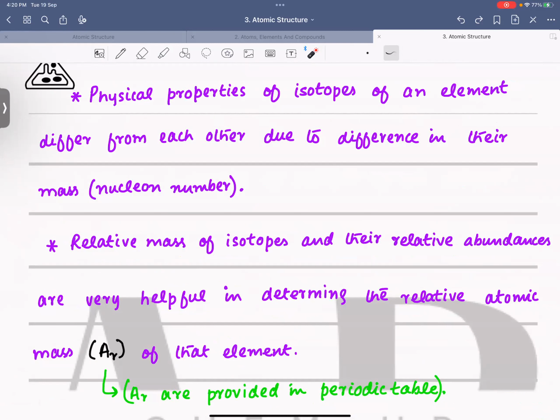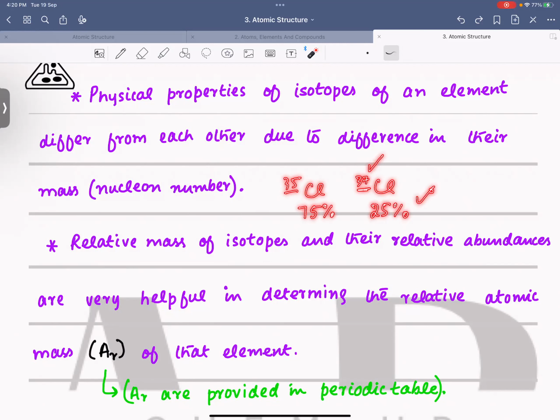And if we know the relative mass of each isotope, like chlorine has two isotopes, one is chlorine 35 and the other one is chlorine 37, so their relative masses are 35 and 37. And if we further know that chlorine 35 is 75% abundant and chlorine 37 is 25% abundant, so we know their mass and percentage abundance as well.